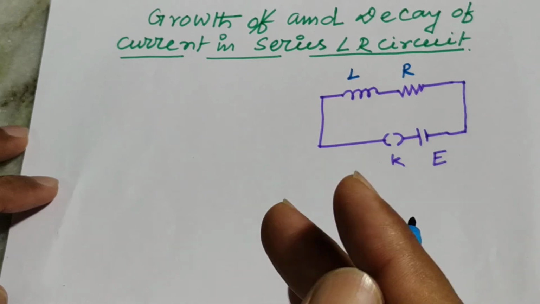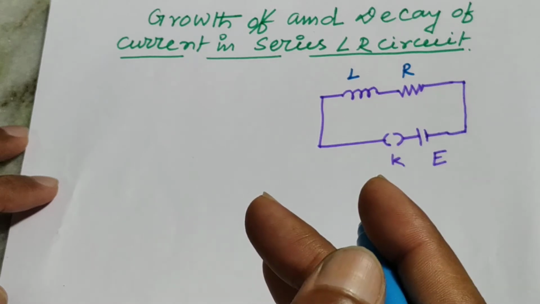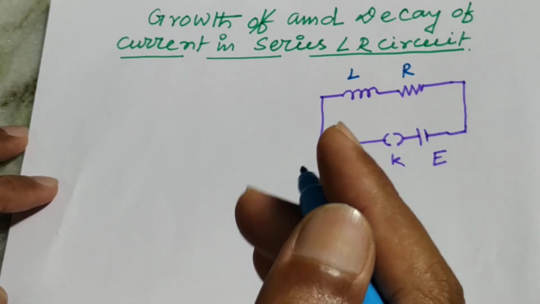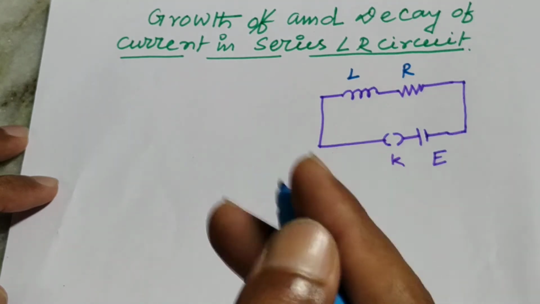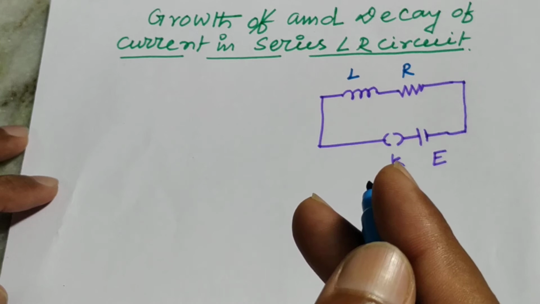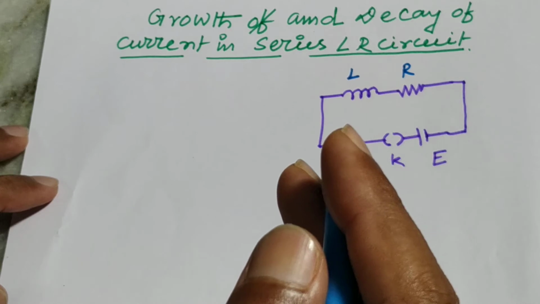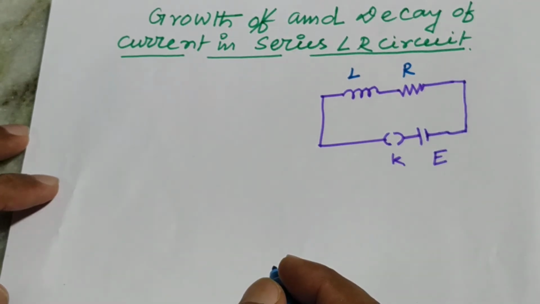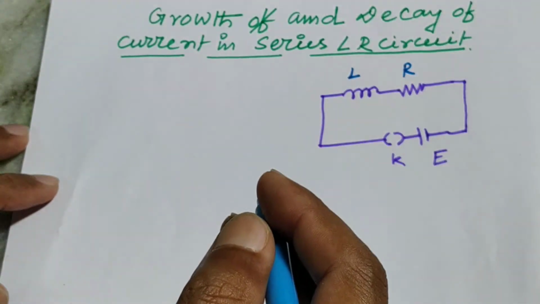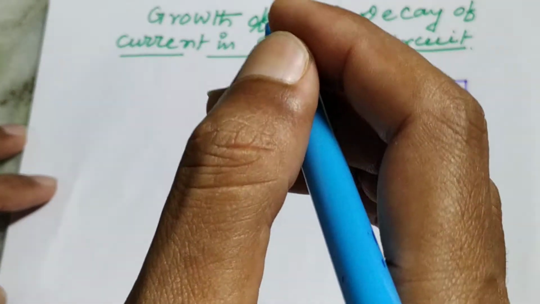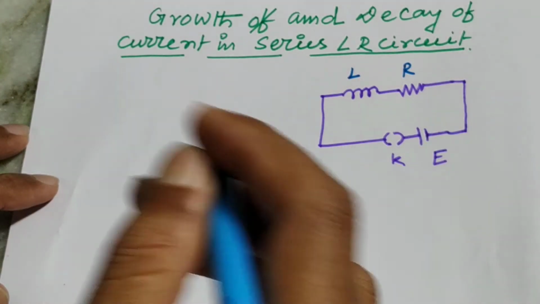Thus there is a time interval between the switching operation and reaching a final steady state of current or charge, during which the current, voltages or charge in the circuit vary. But this variation exists for a very short interval of time, so it is called transient phenomena.